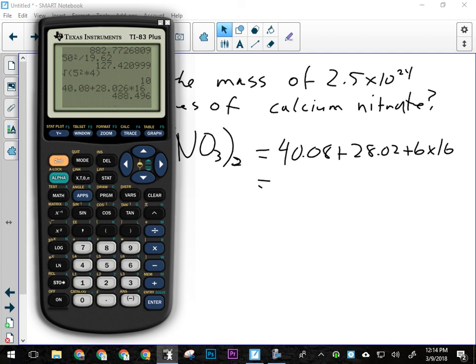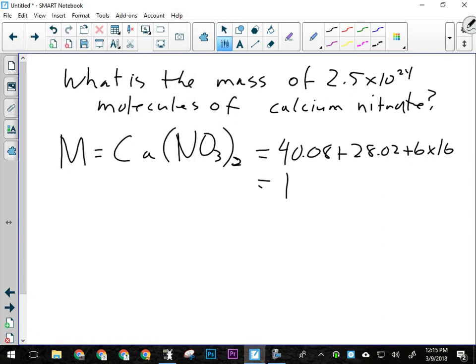So we get 164.1 grams per mole. Now I have big M. If I want to find out the mass, I need n and I need big M. I have big M. I need to find the number of moles. That's what I use this and what other number for?